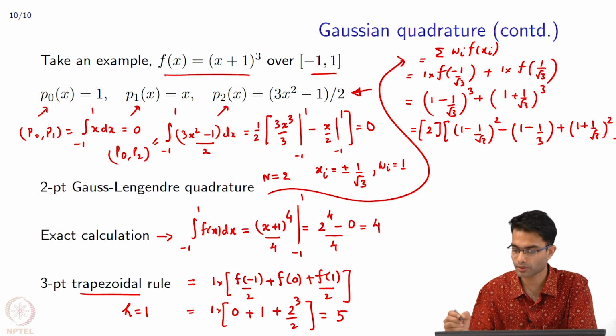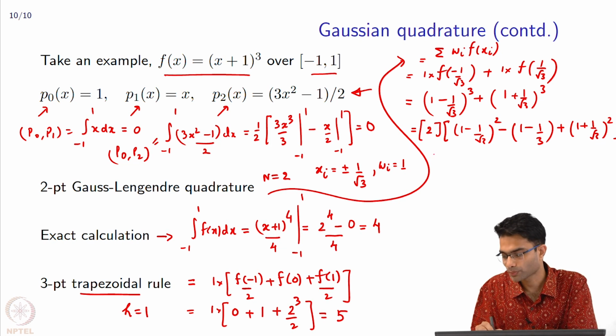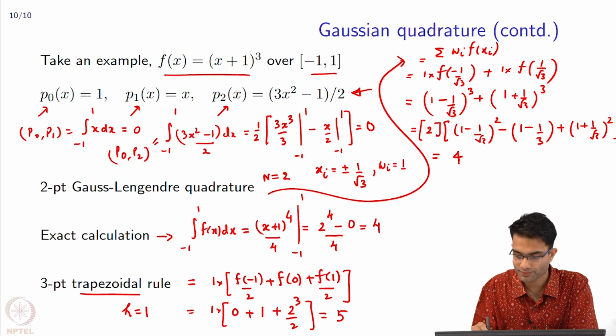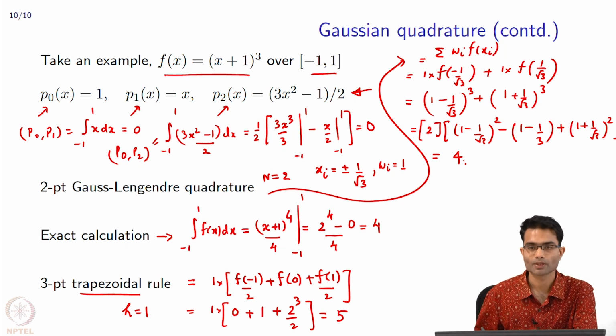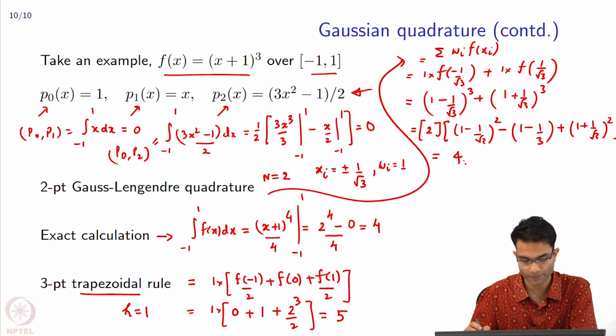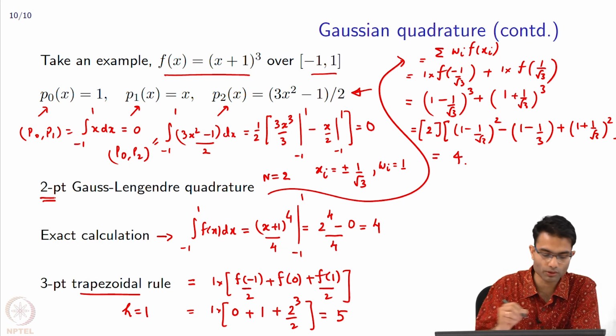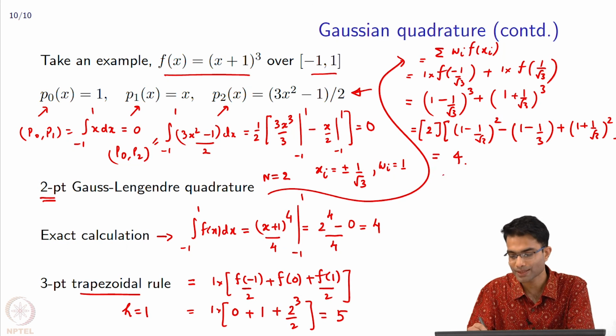You can work through the math, and you will get an answer 4 in this case also. Just observe that by using only a 2-point Gauss quadrature rule, I was able to get the exact answer 4.